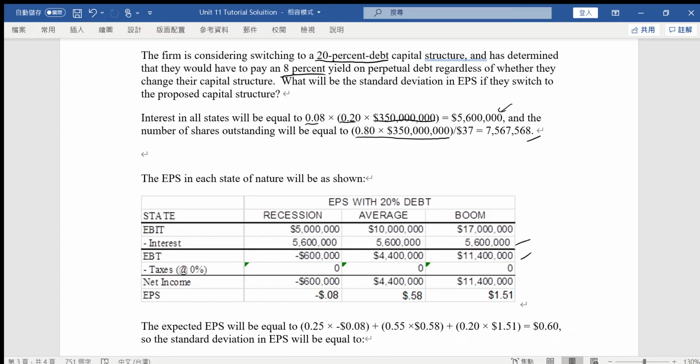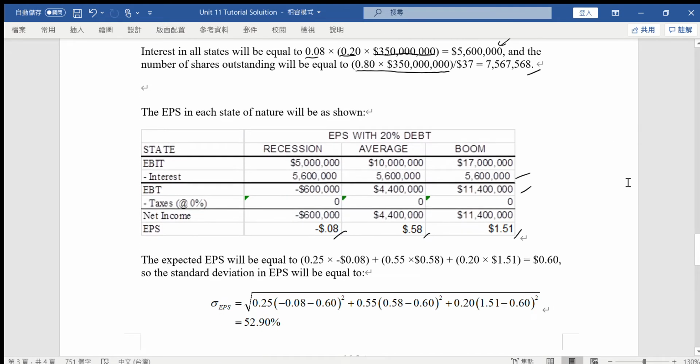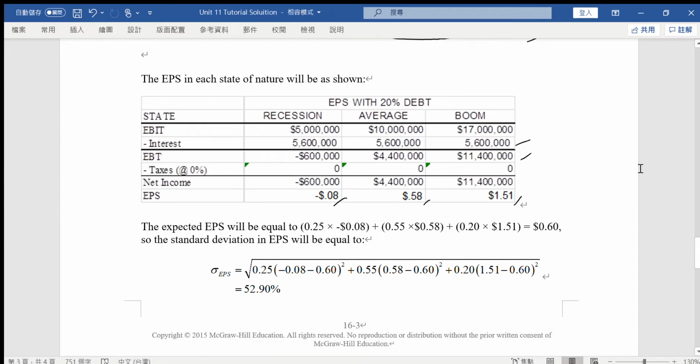Okay, and then the earnings per share. You will find that for the recession period it is negative 0.08, average will be 0.58, and boom will be 1.51. The question is asking to work out the standard deviation, and that's why we are required to work out the average of this EPS.